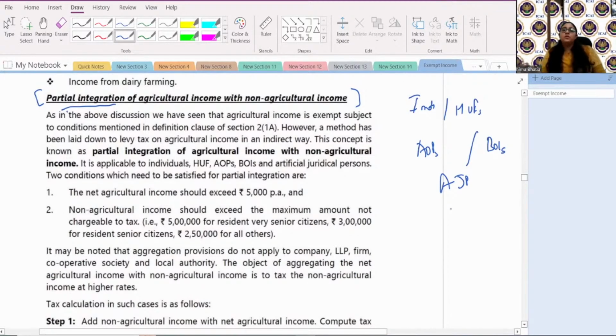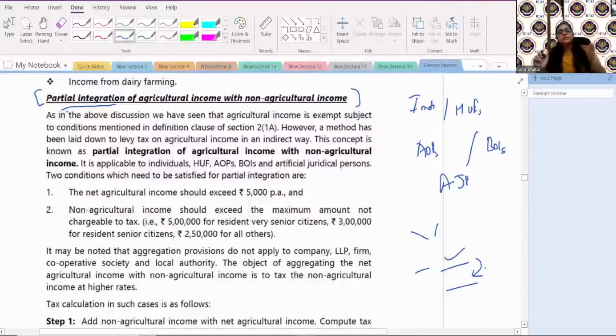Correct? Now the government says that if they get so much exempt agricultural income, it would be a wrong thing. First, their agricultural income would be exempt, then they will use their basic exemption limit, so ultimately we will not get any tax. So what we'll do is tax the agricultural income with non-agricultural income, and then remove the tax on agricultural income, and say that you are only paying the tax on the non-agricultural income.